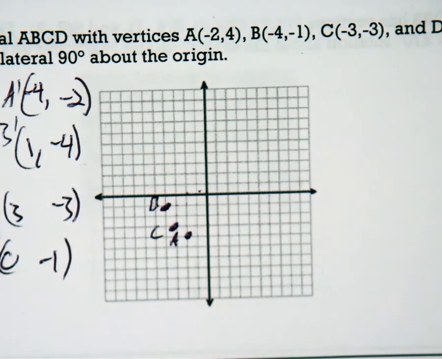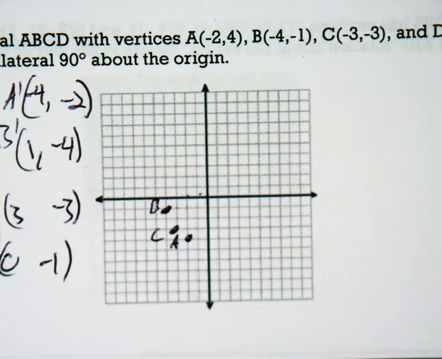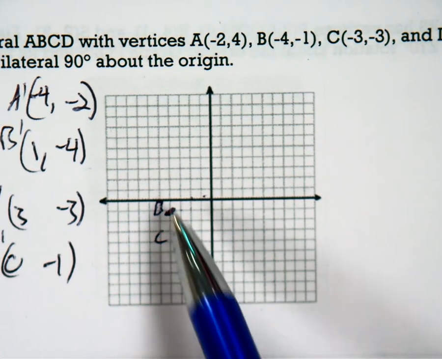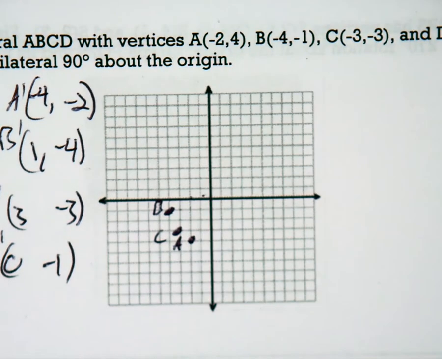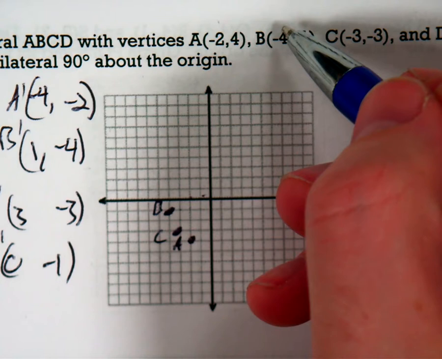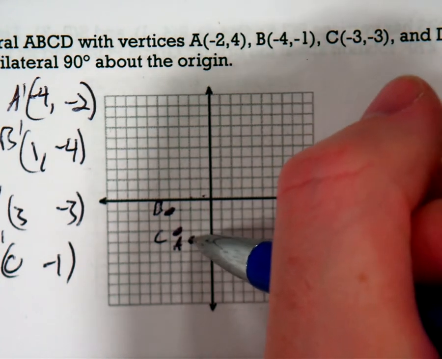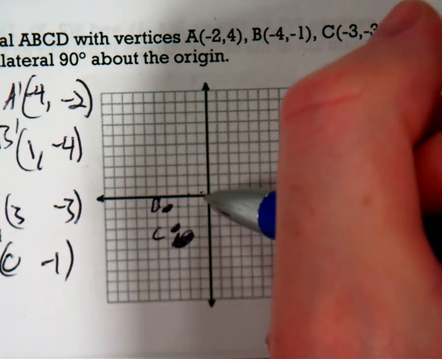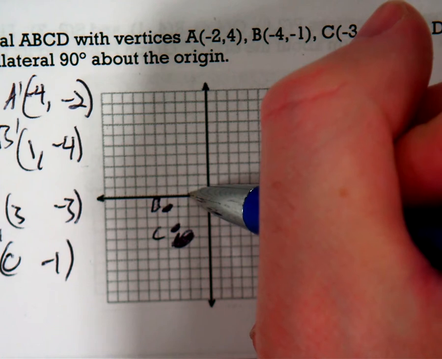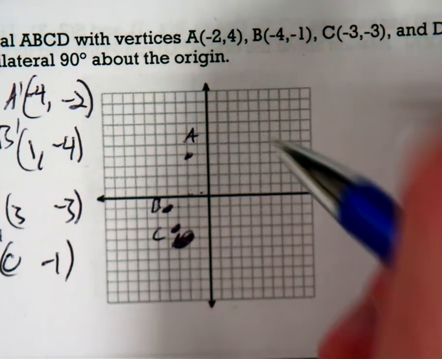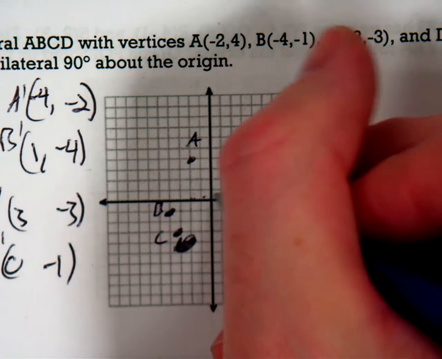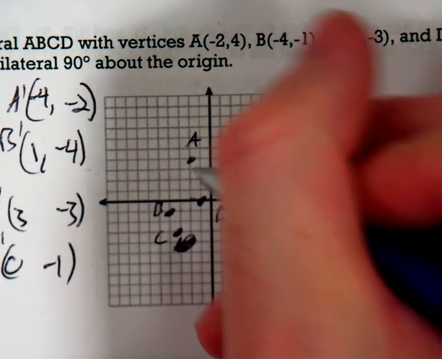What kind of grid is this? This is not looking very clean, is it? And D is at -1, 0. A was at -2, +4. That's going to make a big difference. 1, 2, 3, 4. And D is at -1, 0. Much better.